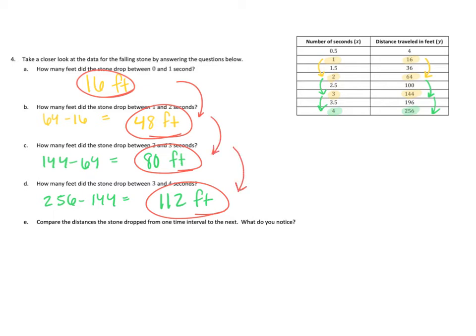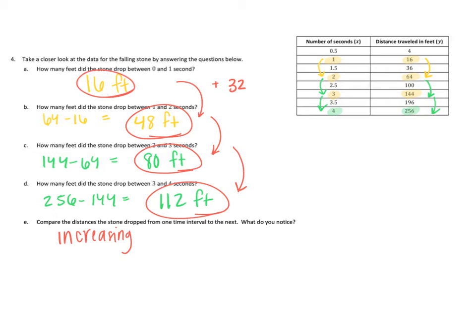We're increasing. How much are we increasing by? Is it a constant increase? To go from 16 to 48, I would have to add how many? Well, let me figure it out. 48 minus 16. That's 32. So I increased by 32.